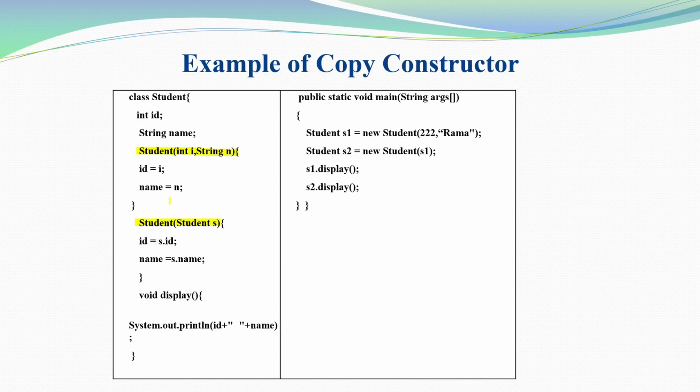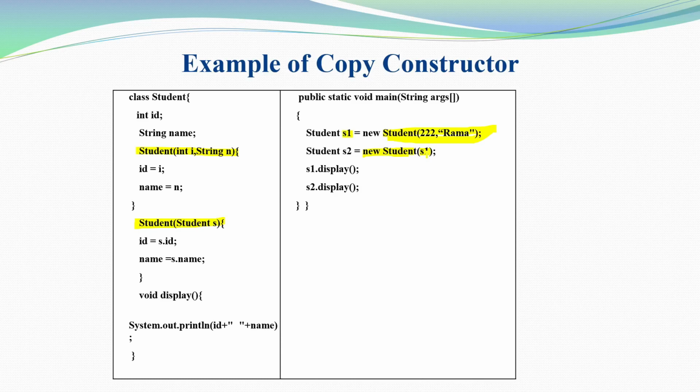This is the main important note for this copy constructor, and how we can copy from one object to another. I create the student 1 object, passing the values 222 and Rama, and then I call the second constructor to create student 2.